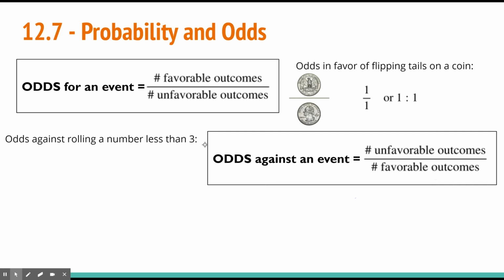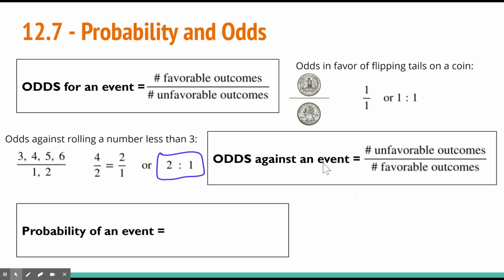So numbers less than 3, the unfavorable outcomes would be 3, 4, 5, and 6, because 3, 4, 5, and 6 are not less than 3. What are our favorable outcomes of rolling a number less than 3? Well, 1 is less than 3 and 2 is. So we're going to take 3, 4, 5, and 6 and put that over 1 and 2, aka 4/2, which simplifies to 2/1, or we would write that as 2:1. A lot of the times, again, you'll probably see it written more like that one.